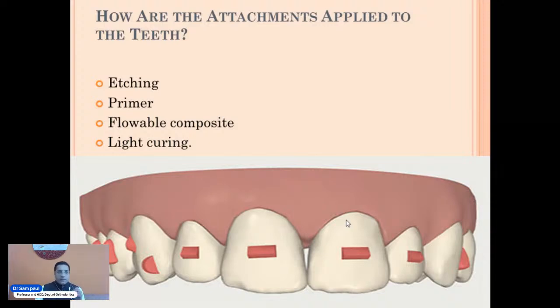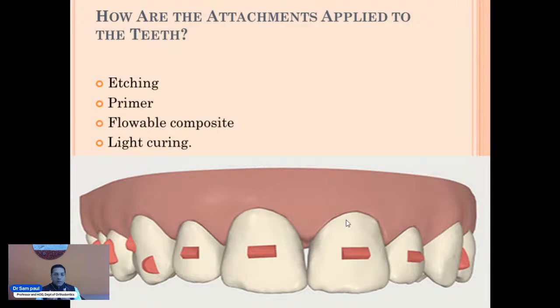So how are the attachments applied to the teeth? You all might have seen how you do a proper normal composite bonding. You all might be very familiar with that. First, you have to do the etching. You know, 37% phosphoric acid is used for etching. Then the primer is applied.